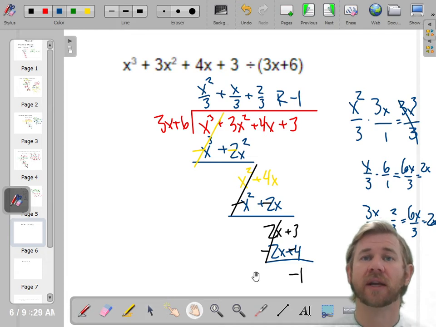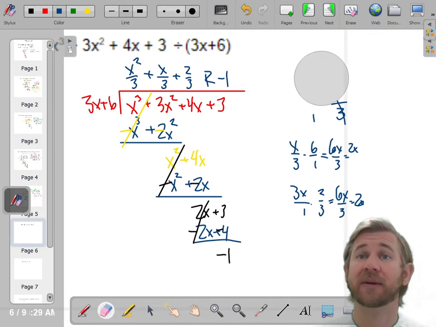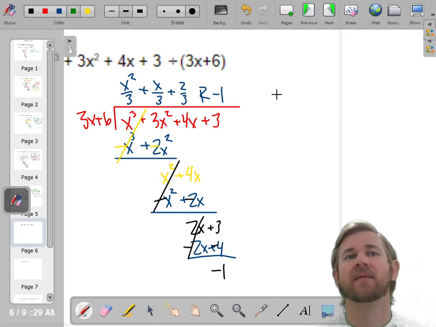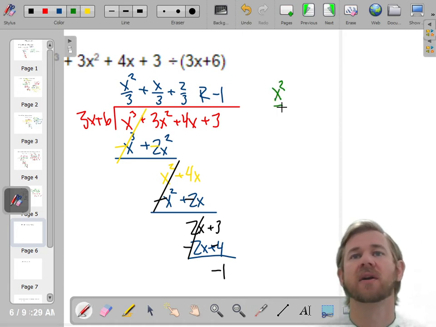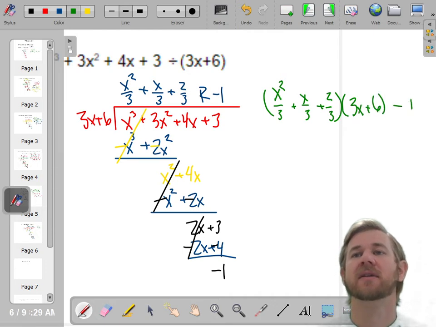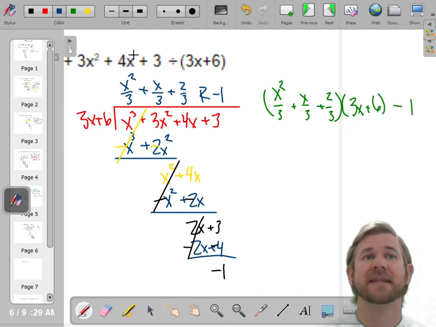So this one's a little trickier to check, but again, you need to be real good at this, and fractions shouldn't be the end of your world. We're going to have the quotient, so x squared over 3 plus x over 3 plus 2/3 times the divisor, 3x plus 6, remainder negative 1. So let's expand this out.